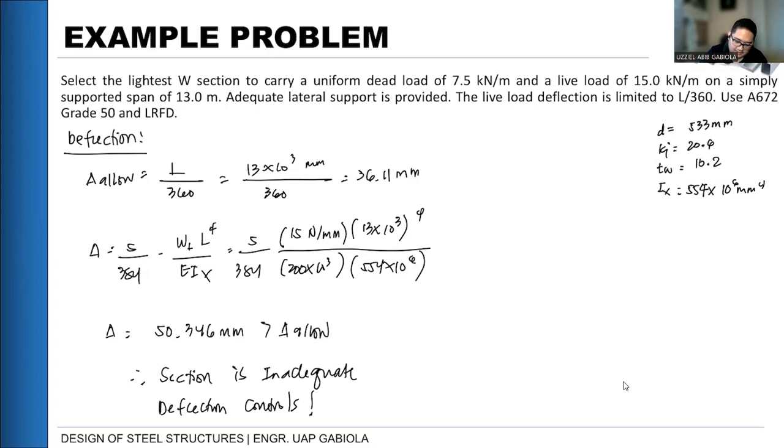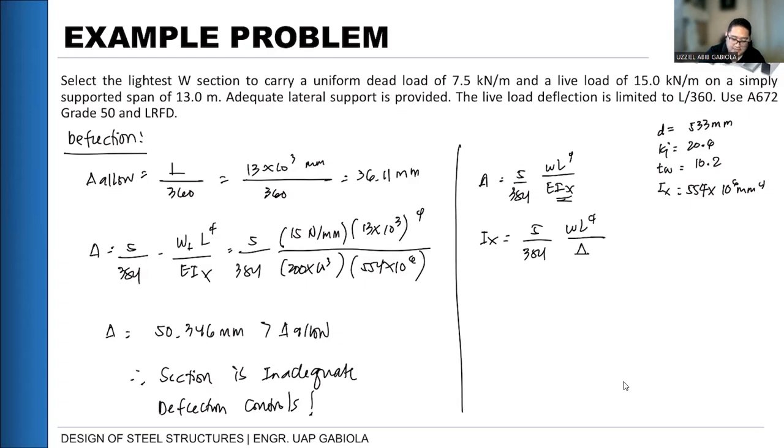And ang formula natin, di ba, is 5 over 384 WL to the fourth over EIX. So para makuha natin yung required na section natin, kunin natin yung required IX. Or IX natin is equals to 5 over 384 WL to the fourth all over delta. And yung delta natin na yan is kung ano yung limitation natin, which is ito. Pinakalculate natin 36.1.